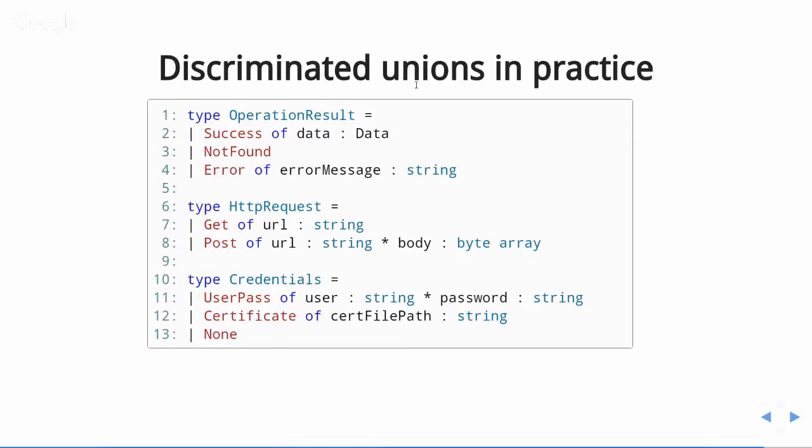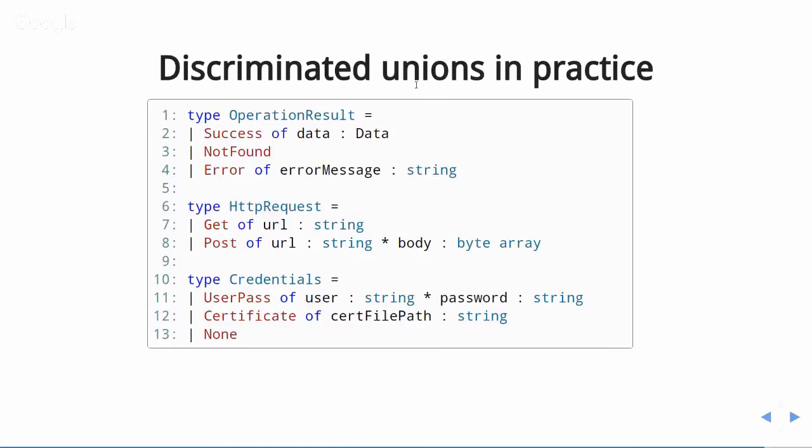So the first one is a type which is called operation result. And we can imagine that this is, for example, retrieving a piece of data from a database or from a network call. And the 3 cases that we have is that it can either be a success, which has an associated data with it, or it can be a not found, and in that case, it doesn't have any data, or it can be an error, and in that case, it has an error message.